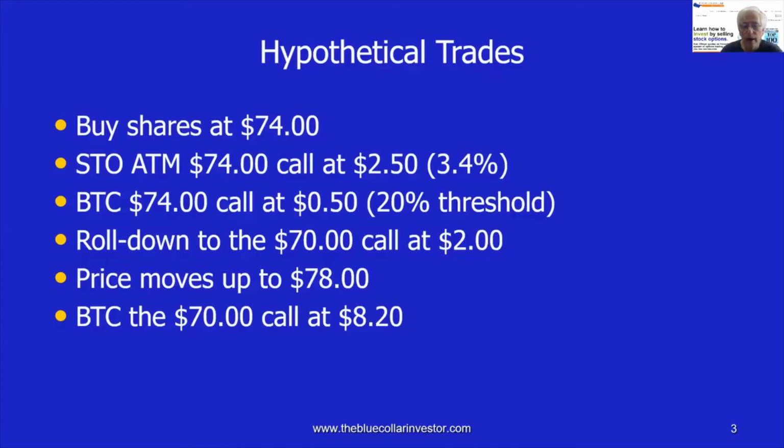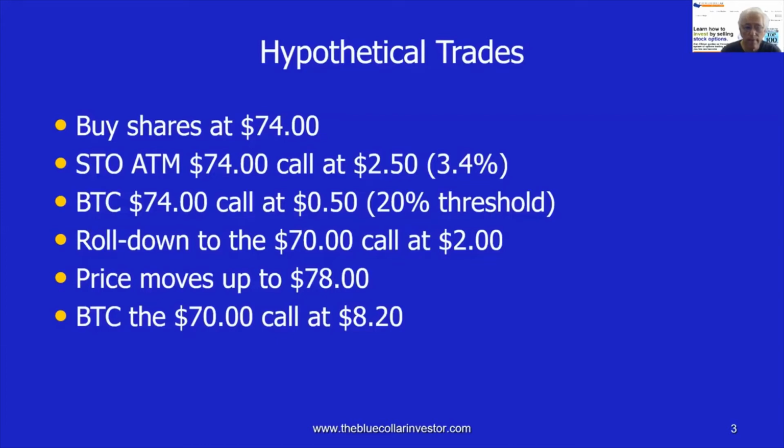And then let's assume now we roll down to the 70 strike, and that generates a premium of $2. So we generated $2.50 initially, a credit. We closed that position at 50 cents, a debit, and then we sold the 70 lower strike for $2, another credit.